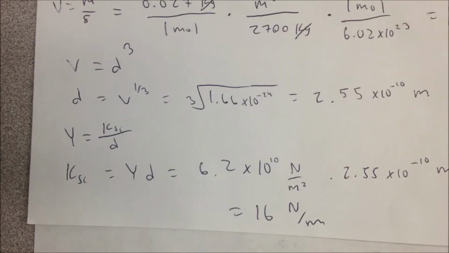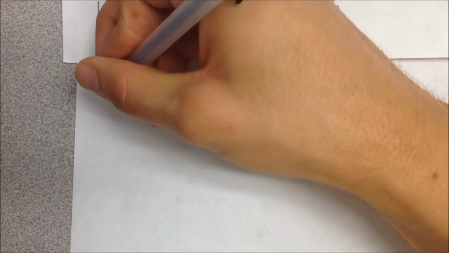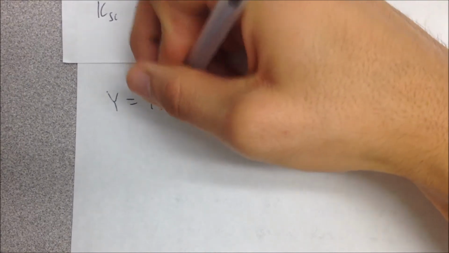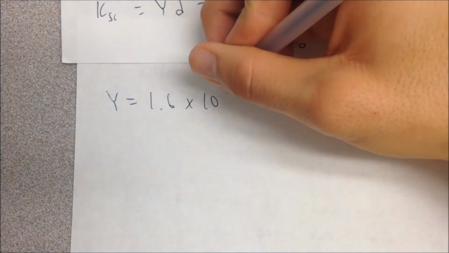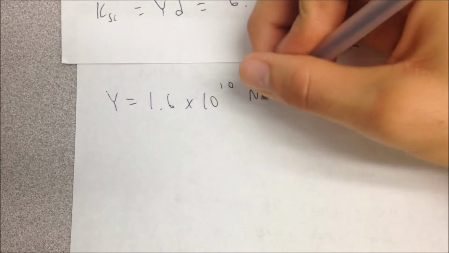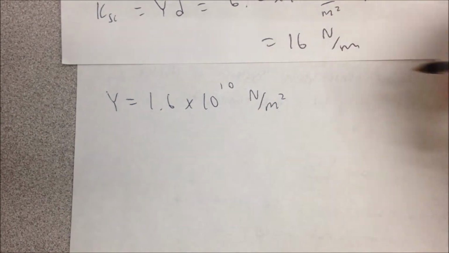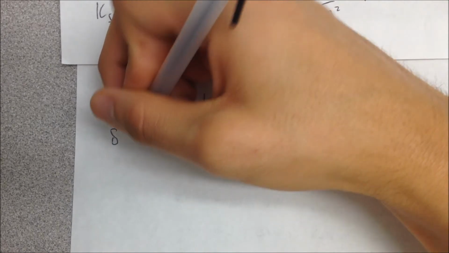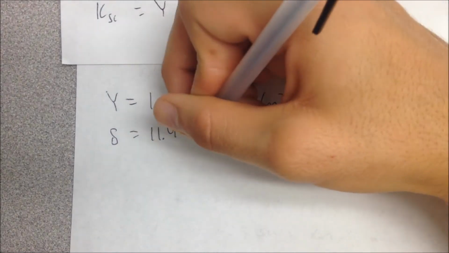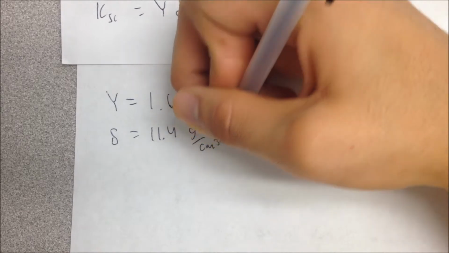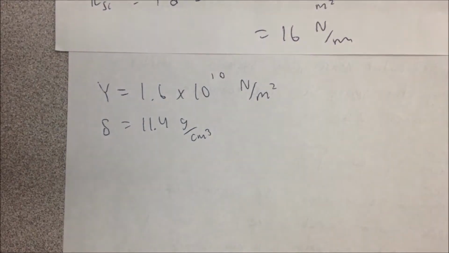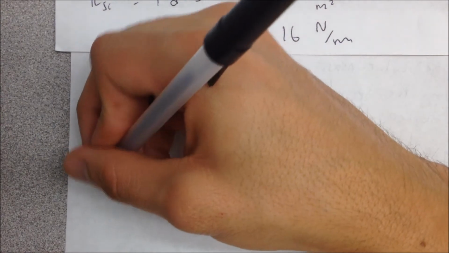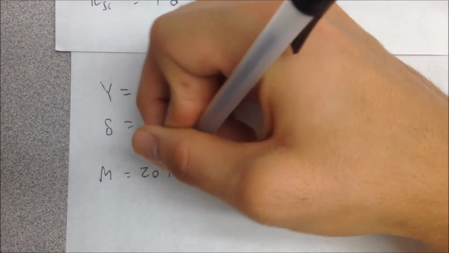For part B of this problem, we're going to do everything we did for part A, except it's for lead. And for lead, the Young's modulus that is given is 1.6 times 10 to the 10 newtons per meter squared, the density of lead is 11.4 grams over centimeters cubed, and the molar mass of lead is 207 grams per mole.